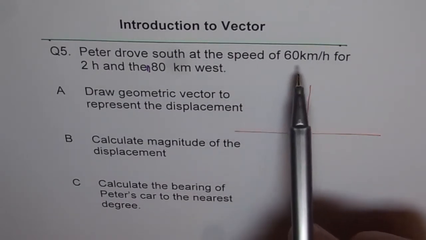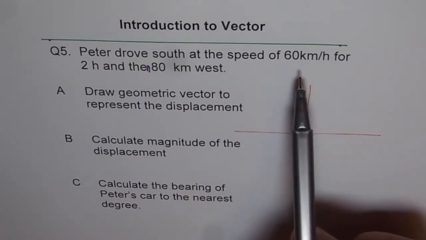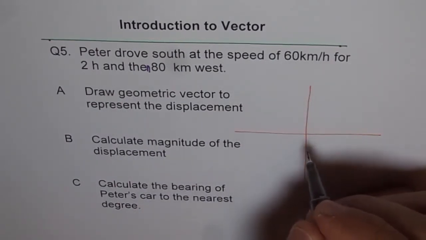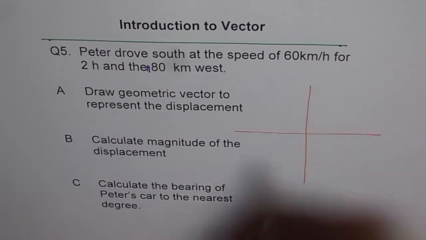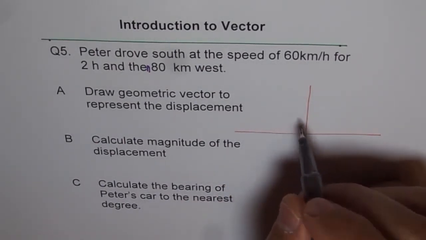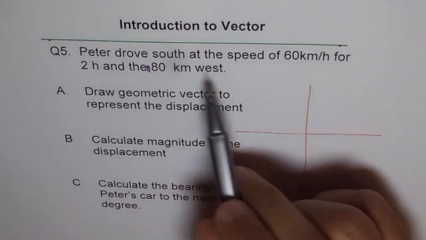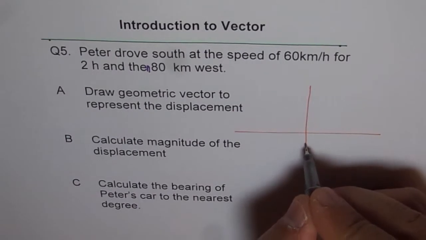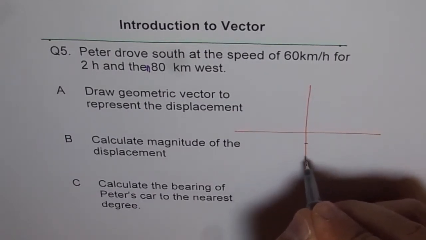That means in the south direction, we have to go 2 times 60. So first thing, he drove 60 plus 60, which is 120 kilometers south, right? And then we are driving 80 kilometers west. So I think a good scale is to use 40 as a scale, right? So that will help. So let's use a scale of 40.